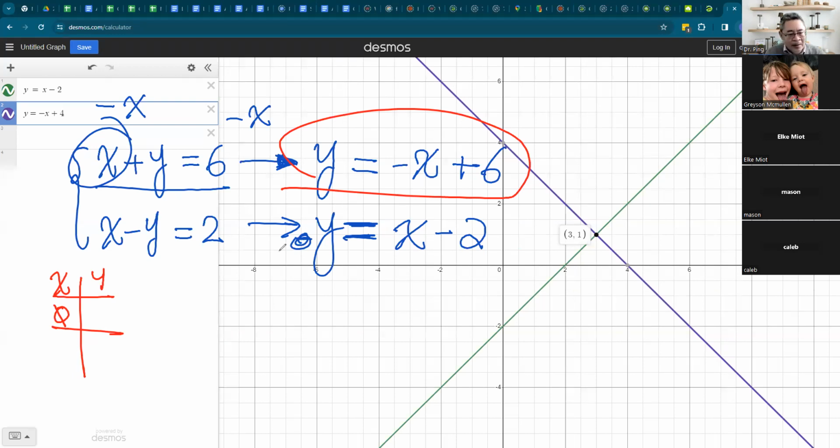Okay, now we're talking about this function. So we got x, y variables. Now, if x is 0, what happened to y? If you look here, if x is 0, we got 0. So therefore, y is equal to 0 plus 6. So this is a 6. Okay, are we good on this one?